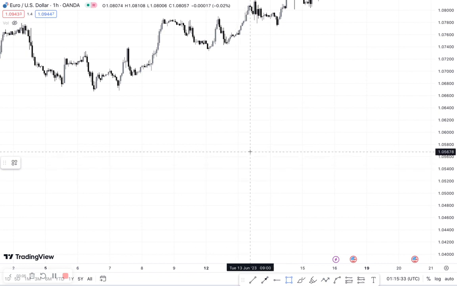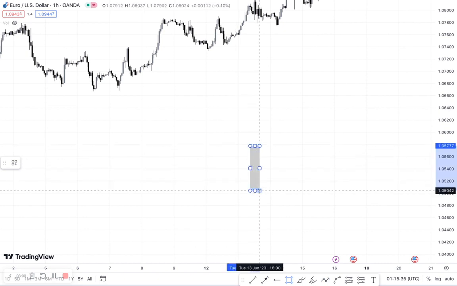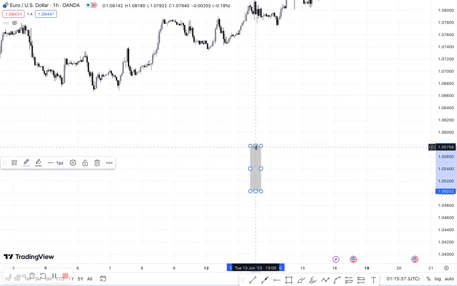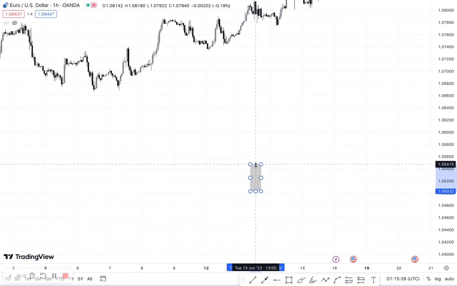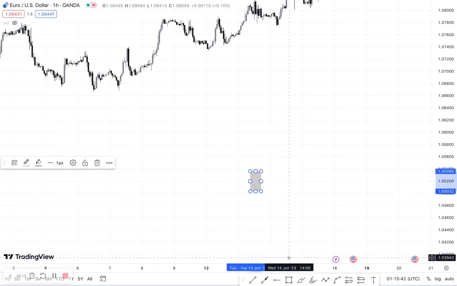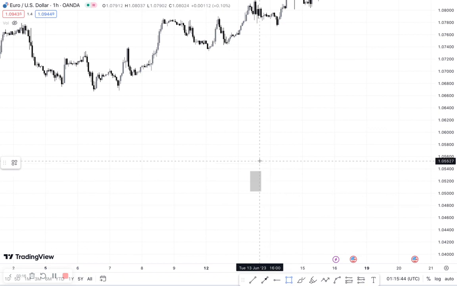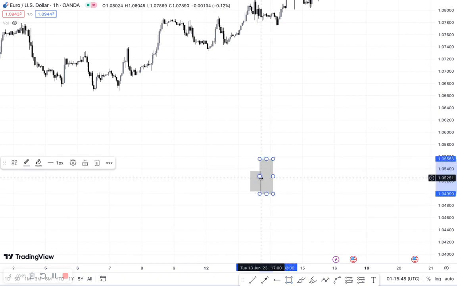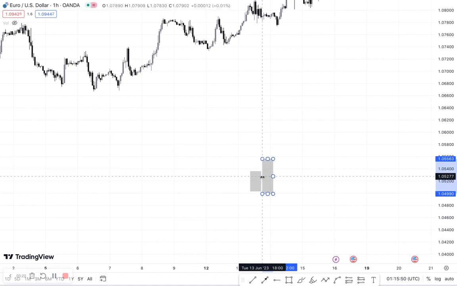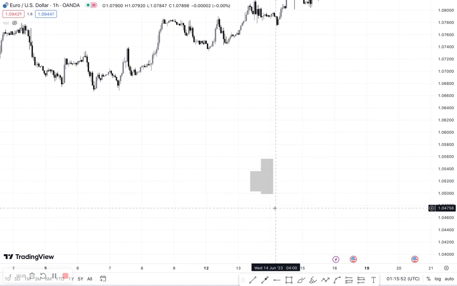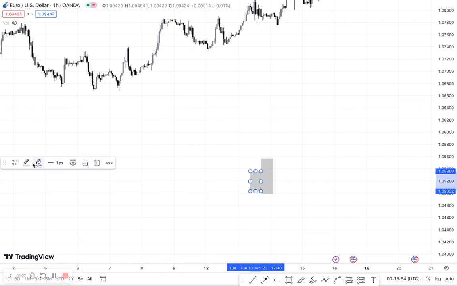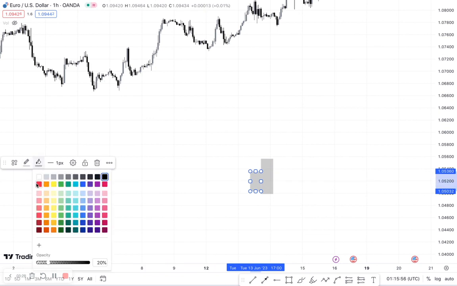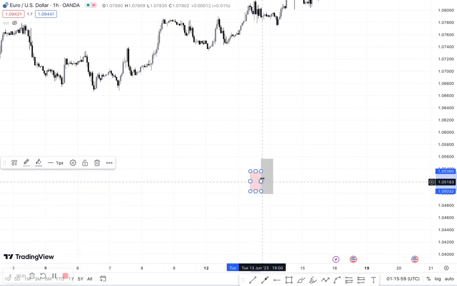You now see a candle like this. Let me show this one.